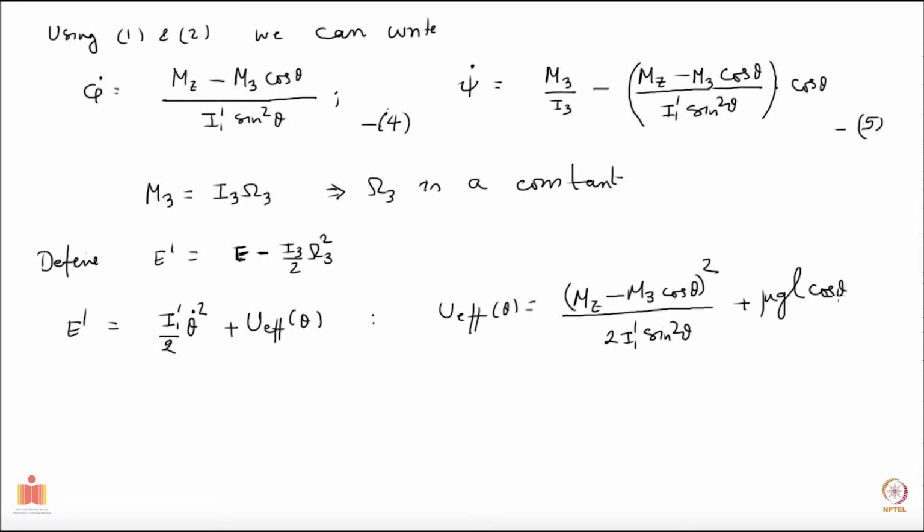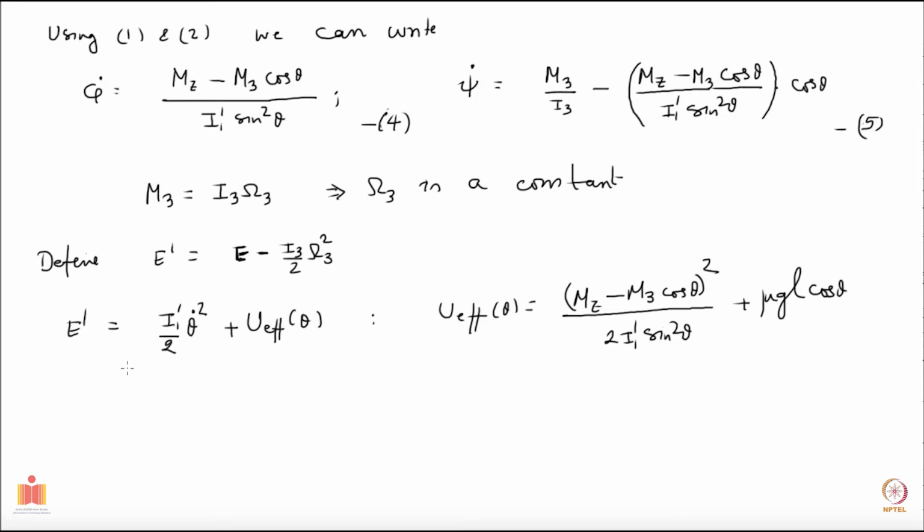Okay, that's nice, and it's nice because it looks very familiar. Does it look familiar, this equation? Well, you have encountered this same thing when we were looking at a two-body problem. Remember the equation for the r coordinate, the radial separation? It was E equals half mu r dot square plus U effective r.